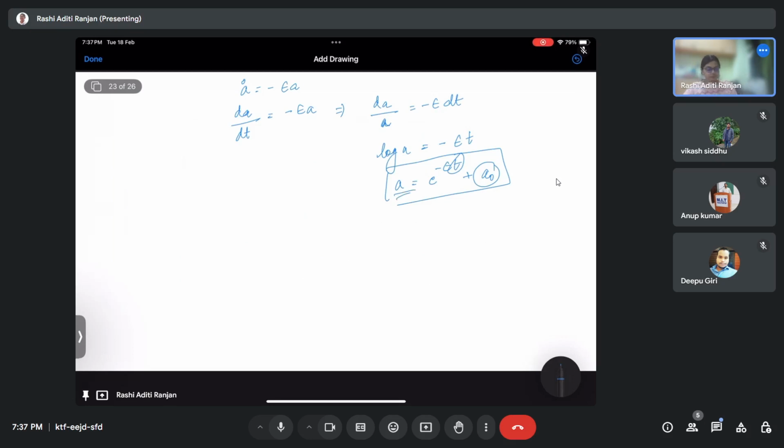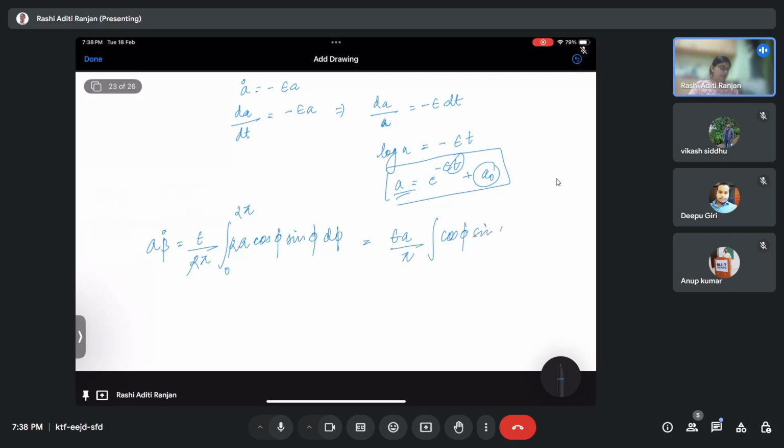Okay. Coming on to the second one, which is this. Here I have epsilon by 2 pi, integration from 0 to 2 pi, A cos phi sin phi d phi, with a 2. Yeah, so 2 gone. So this is going to be epsilon A by pi, integration of cos phi sin phi d phi from 0 to 2 pi.